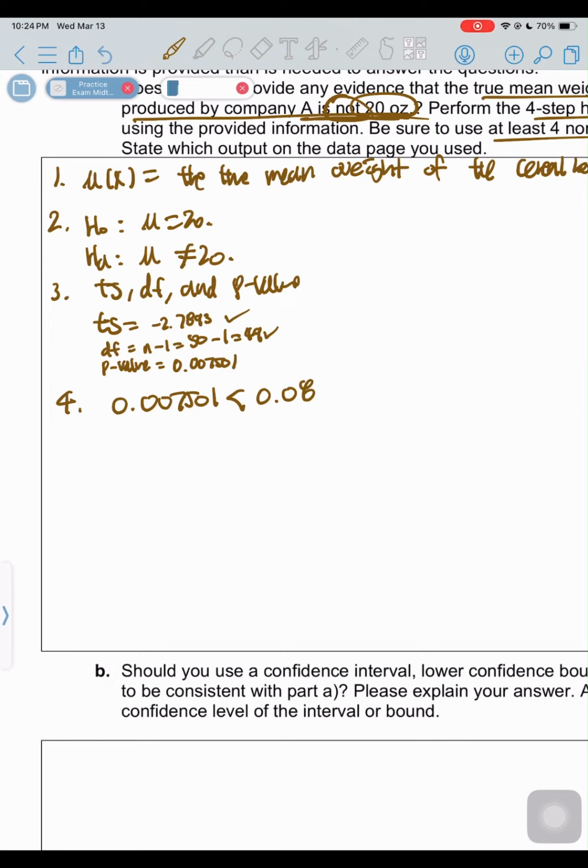So we can say reject null, or reject H naught, because 0.007501 is less than 0.08.